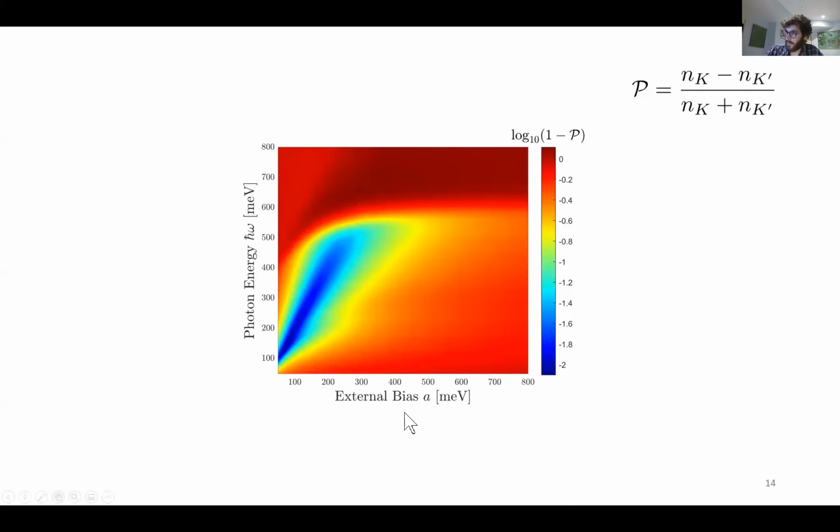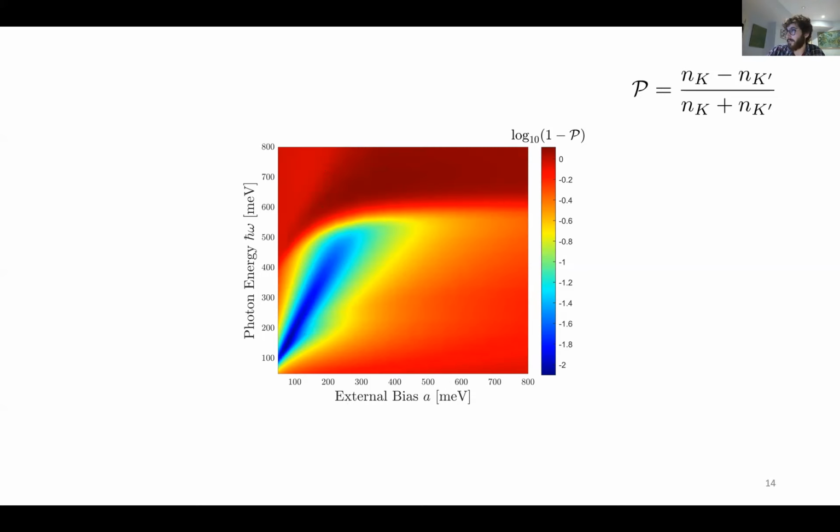So along the x-axis here, I'm varying the external bias. And on the y-axis here, I'm varying the energy of the center frequency of the Gaussian pulse, of the exciting right-hand circularly polarized pulse. And the color is a measure of the valley polarization, which I plot on a logarithmic scale.